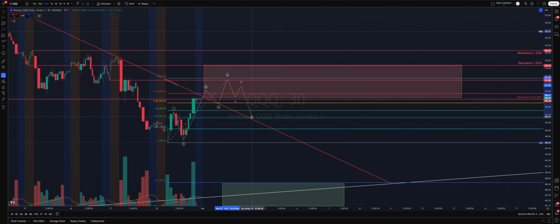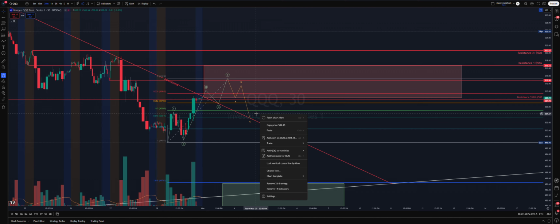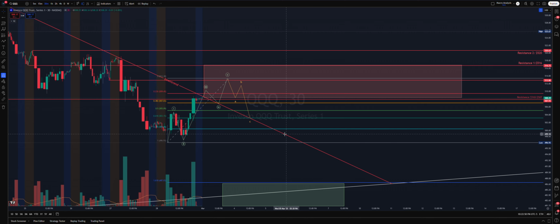It's going to come back down to probably test this trend line around the 503 area right there. So that's what I am looking at right now. You may have QQQ going up to that 512, 513 area and pull back down to that 503 area to complete that entire wave 1 setup before a breakout.